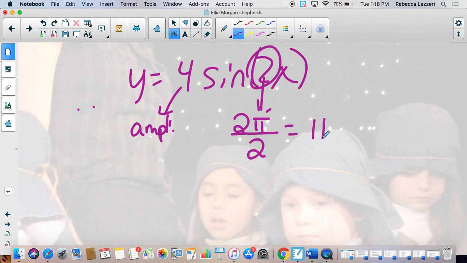So now the new period is pi. I'll say this to you a lot in the next few days, 2 pi over, 2 pi over, 2 pi over. Now, the first ones you did were 2 pi over 1, so the period was 2 pi. All right, so now I'm ready to graph. All I really need now are 5 main points.